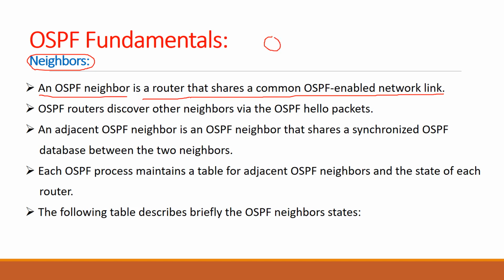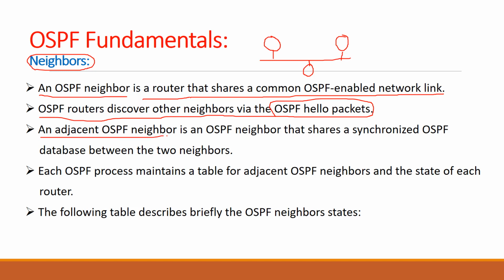So if we have a router here, and a router here, and a router here, and they are sharing the same network link, they can be OSPF neighbors. OSPF routers discover other neighbors via the OSPF hello packets.